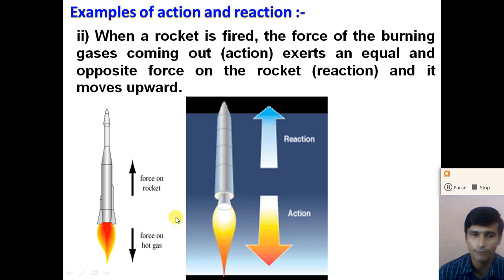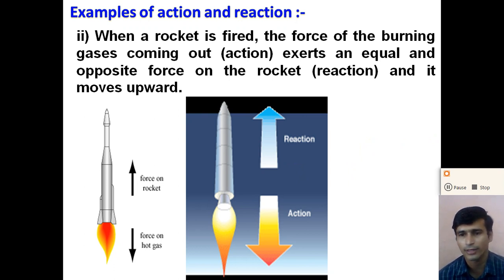But the same force, the reaction force, the force applied on the rocket by the gas, is in the upward direction. Because of this, the rocket moves in the upward direction. Understand, dear student, these two examples. Similarly, we can take some other examples of Newton's third law.